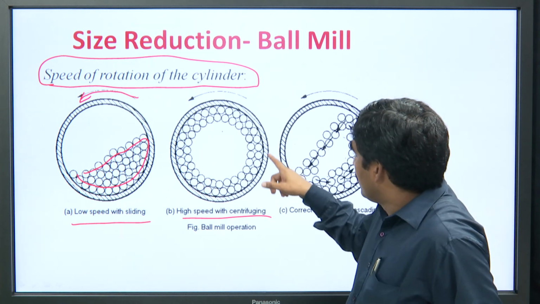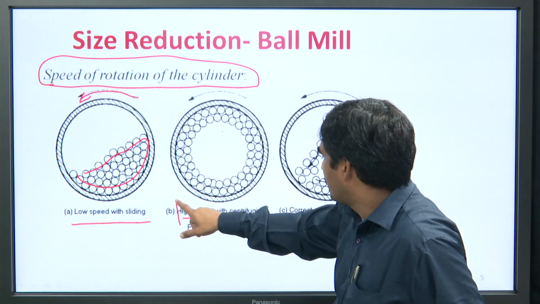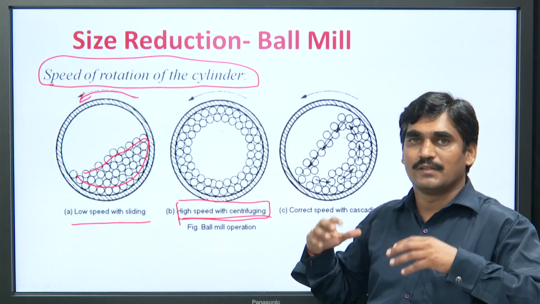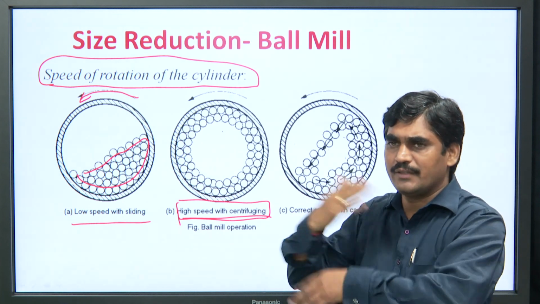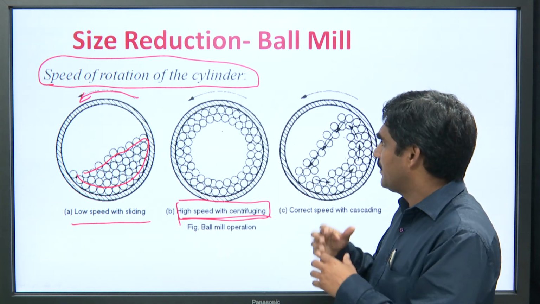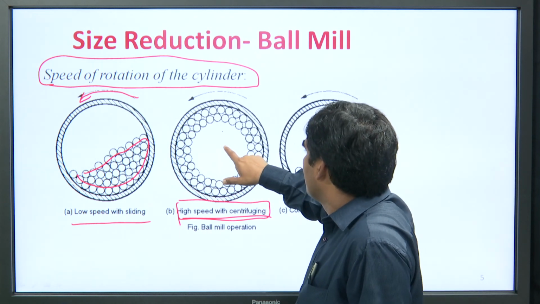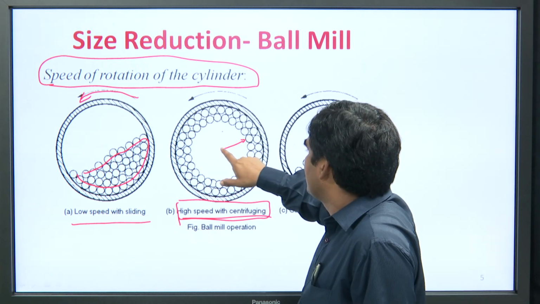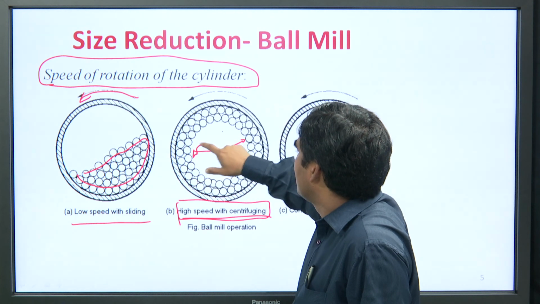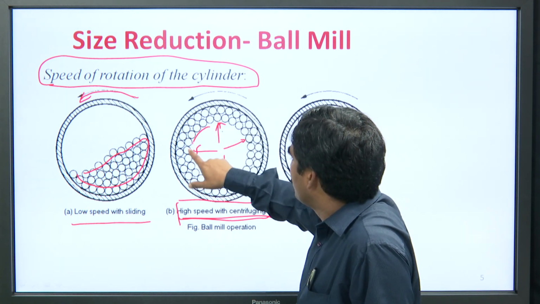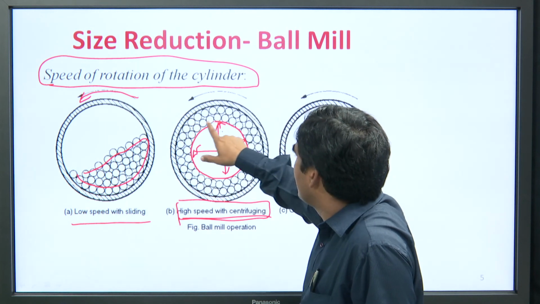Okay. If the speed of rotation is very high, that means the cylinder is moving at a very high speed, then what happens? Centrifugal force is generated during the rotation, and balls are moved to the walls of the container.